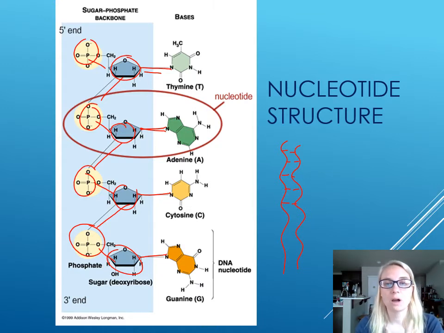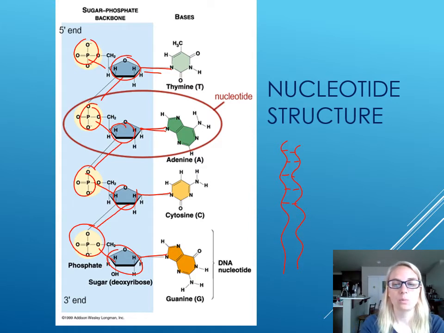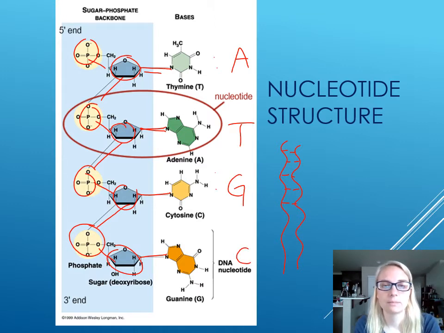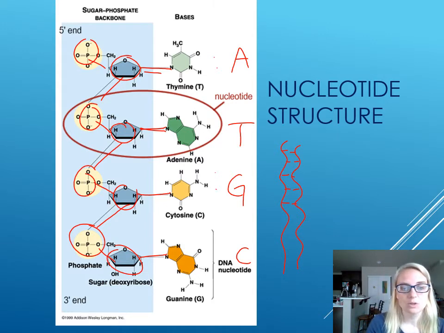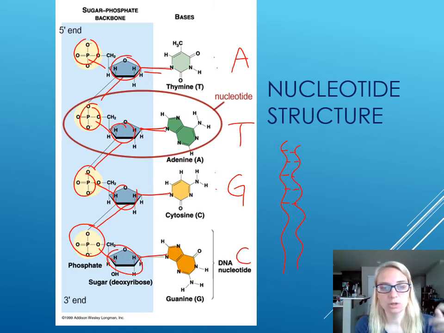If we were to have the complementary strand of this short little piece of DNA, we would have an adenine, a thymine, a guanine, and a cytosine, right? Double hydrogen bonded there between the corresponding base pairs. All right, so that is our nucleotide structure, a little bit zooming in to the specifics.